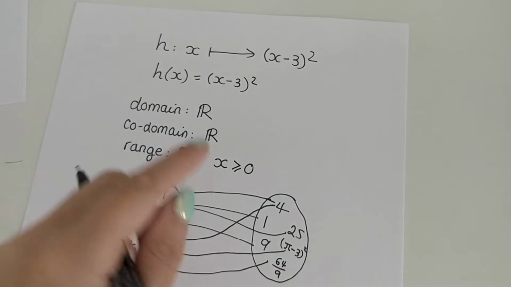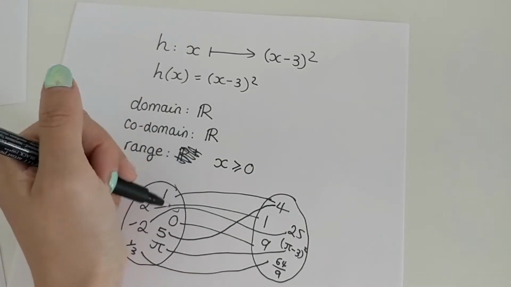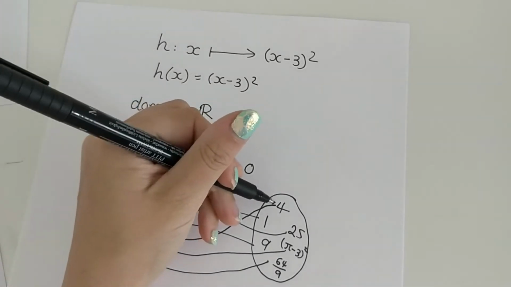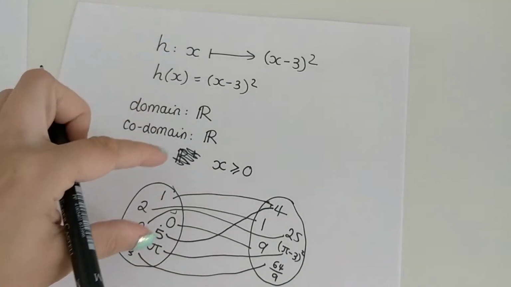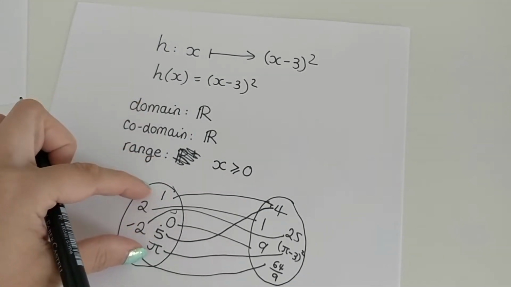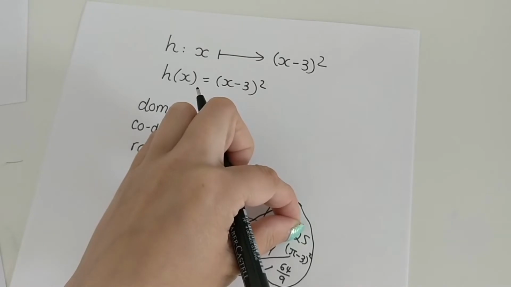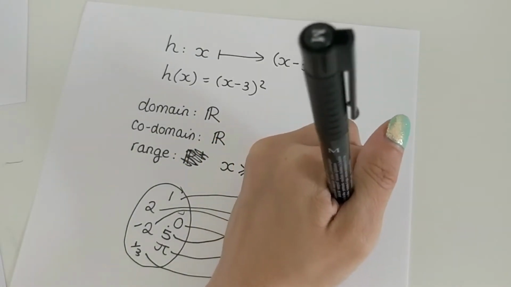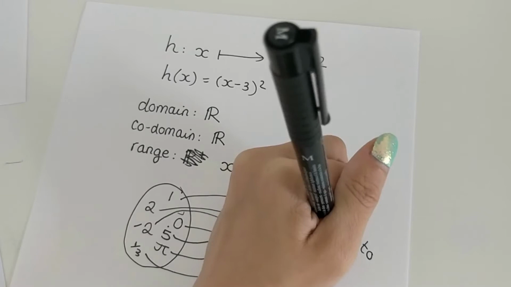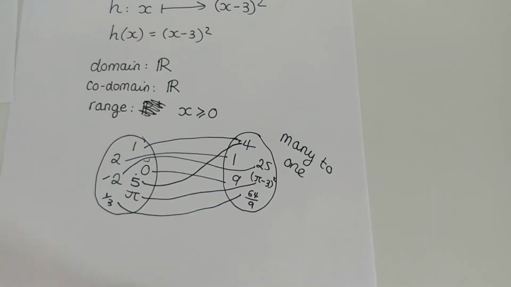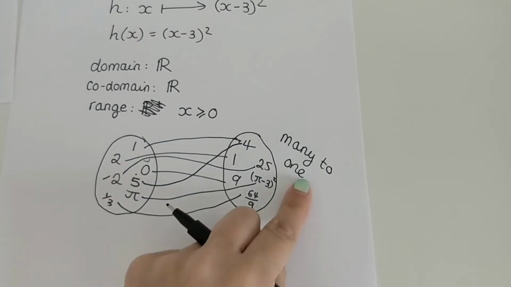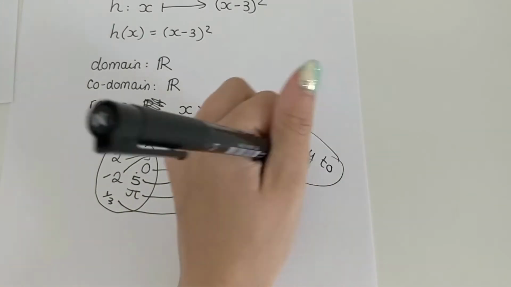Point is, have you noticed that there were 2 inputs that went to 4? That means many inputs go to 1 output. So it is many to 1. And because it's to 1, it is still a function.